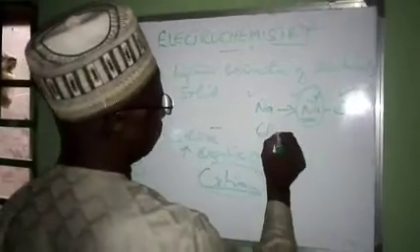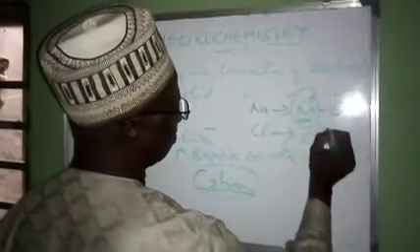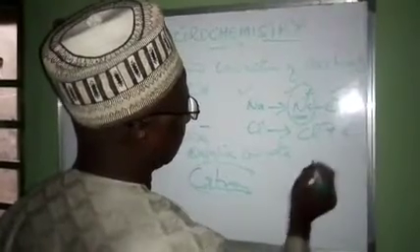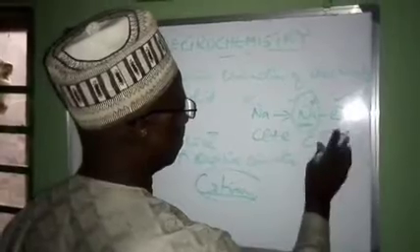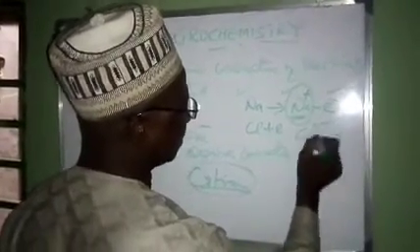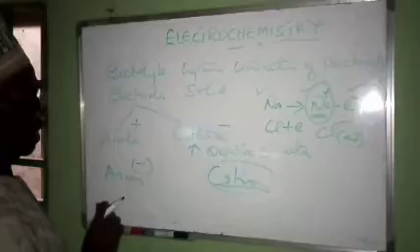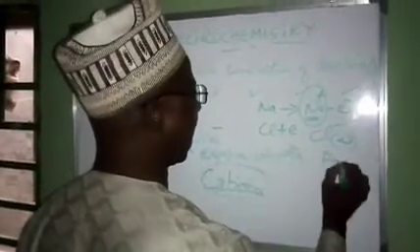And during electrolysis, the negative ions, let's look at chlorine. Chlorine will gain an electron to become chloride ion. This chloride ion is negatively charged in solution. And since it is negatively charged, it will migrate to the positive electrode, the anode, and therefore it is referred to as anion.